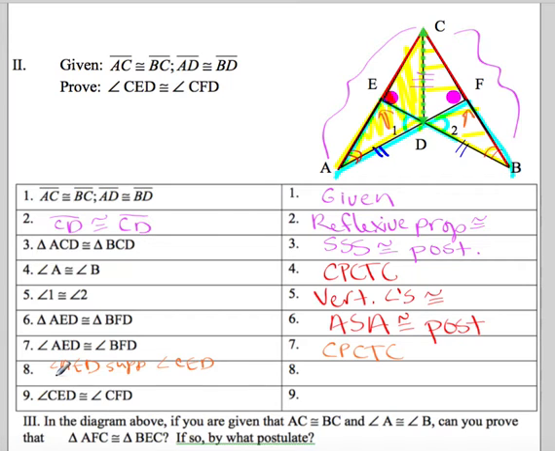And then I can also say that angle BFD is supplementary to angle CFD. And my reasoning here is the linear pair postulate for why those are supplementary.